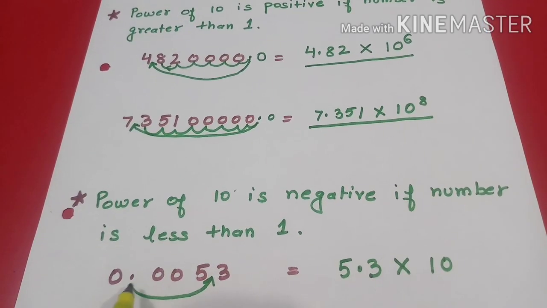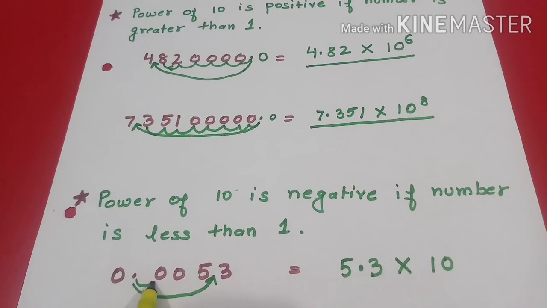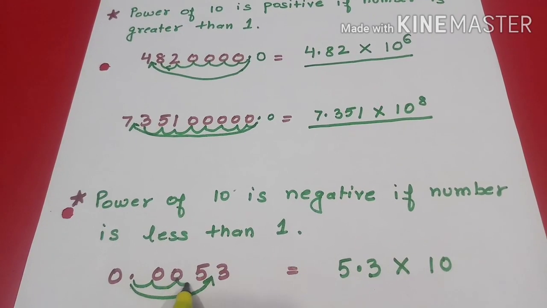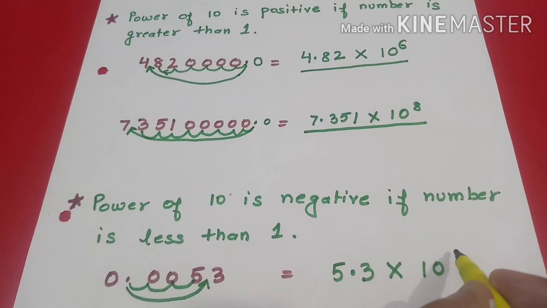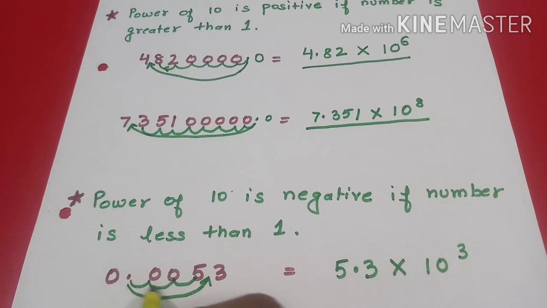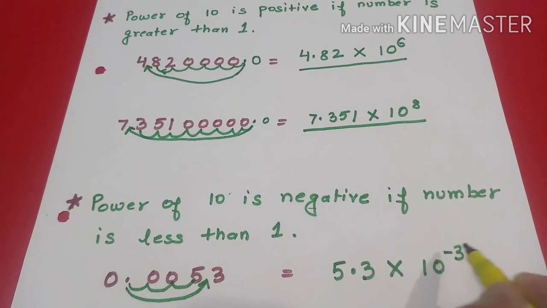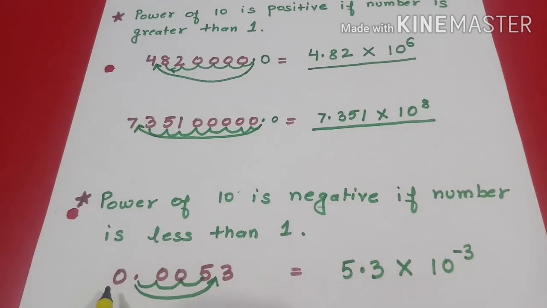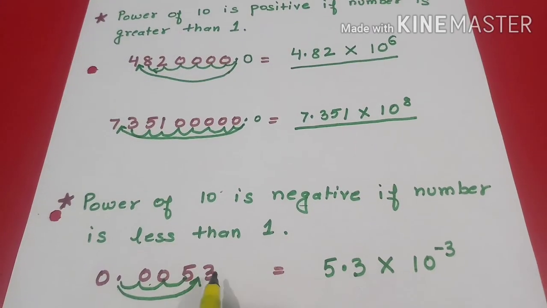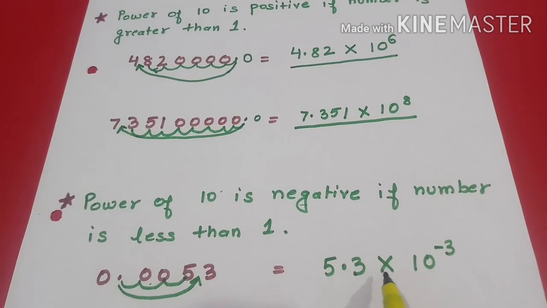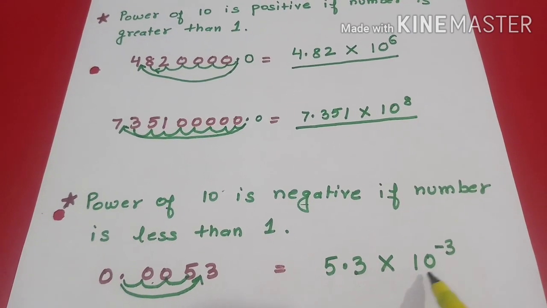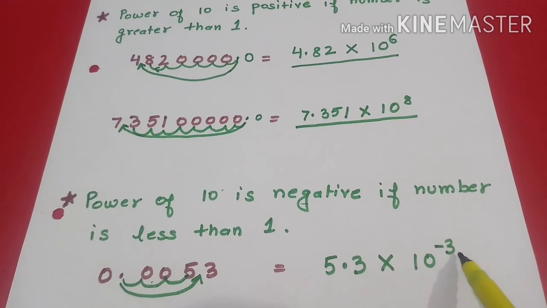The number of places I have shifted. How many? 1, 2, 3. So my power is 3. But as this number is less than 1, the power is negative. So the scientific notation of 0.0053 is 5.3 multiplied by 10 raised to power minus 3.